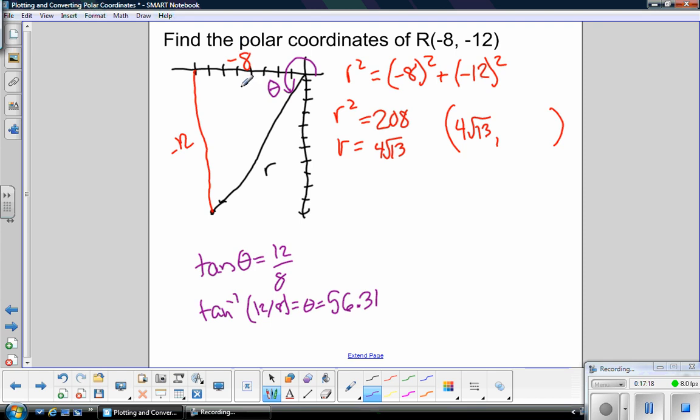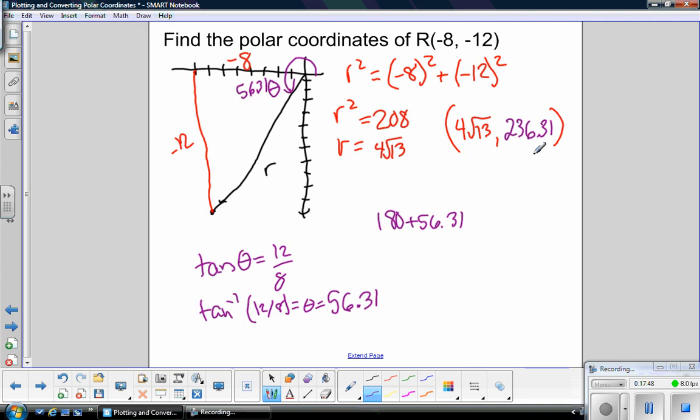Now that's what this angle is, 56.31. The calculator needs you to give the whole angle. So we need to add 180 to that because I'm down in quadrant 3. When I add 180 to that, I get 236.31.